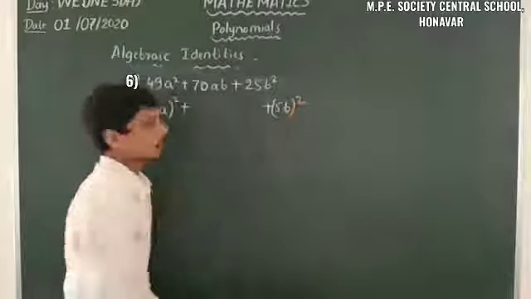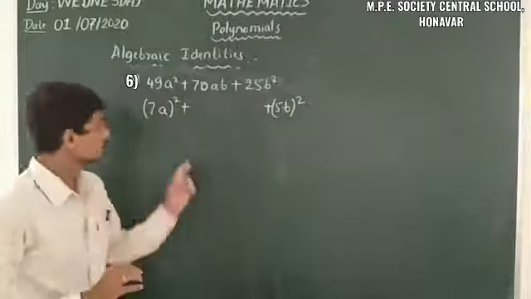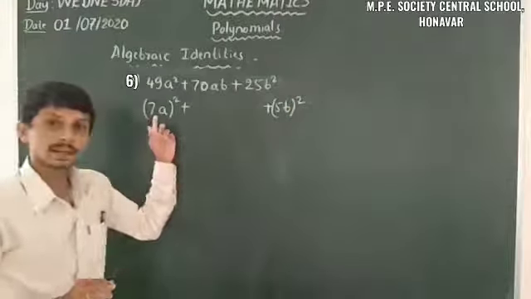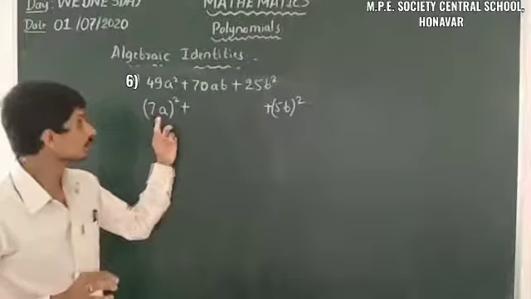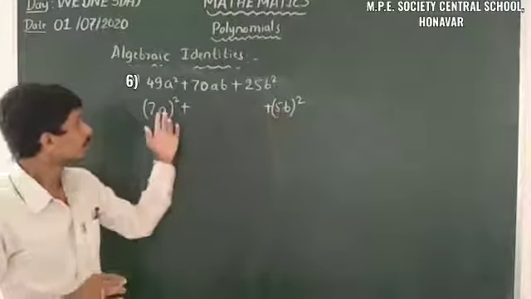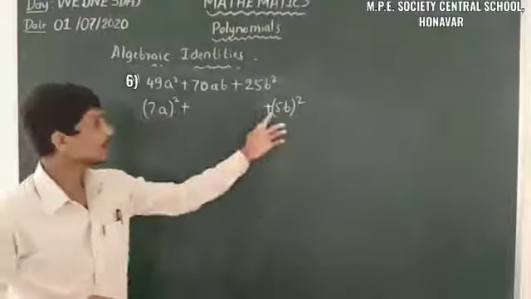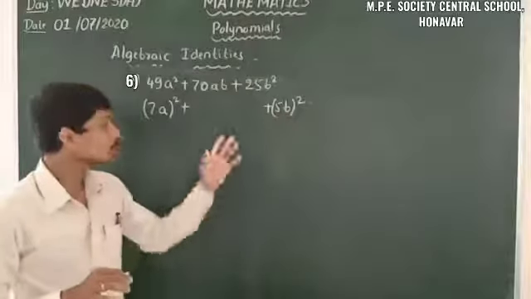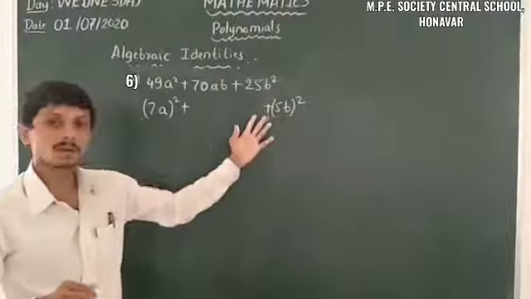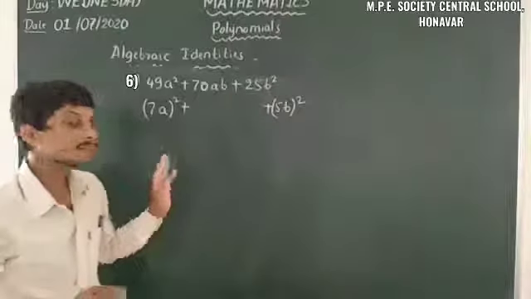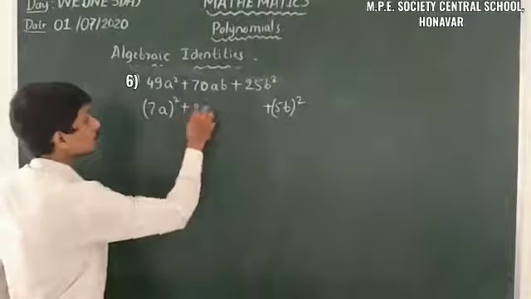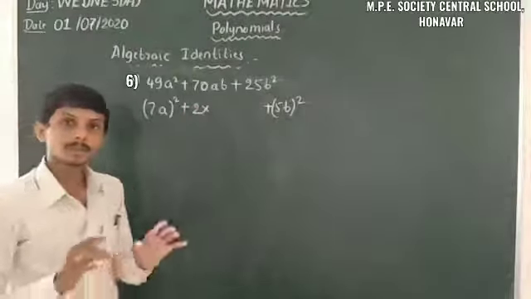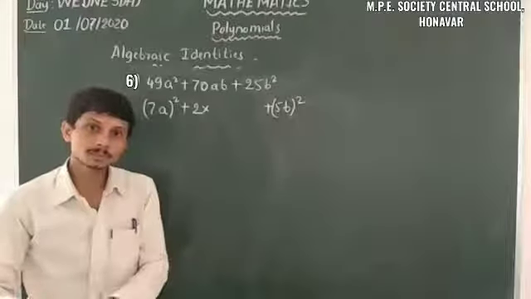So we already know that the value of a is 7a and the value of b is 5b. Likewise we have to express it in the form of (a plus b) whole square. That means there are two terms. (a plus b) whole square is equal to a square plus 2ab plus b square.